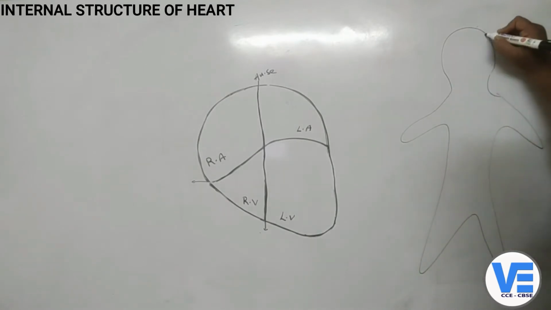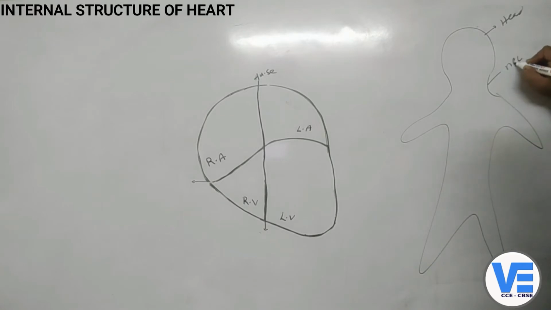Now this part is the head and this is the neck. This is the rest of the body. Head and neck are the superior parts and these are the inferior parts.